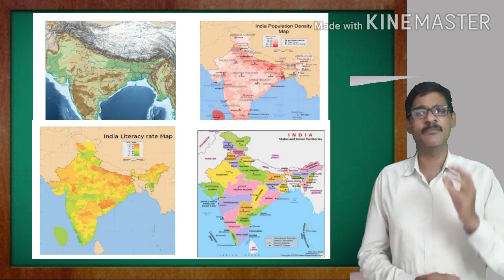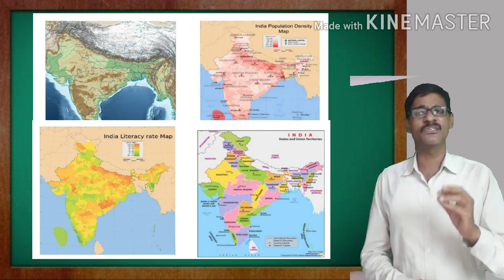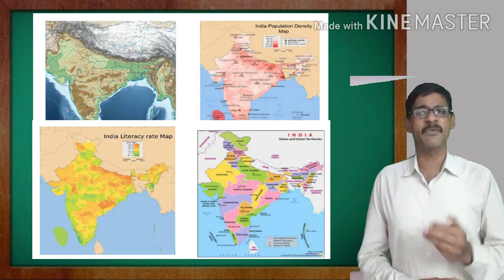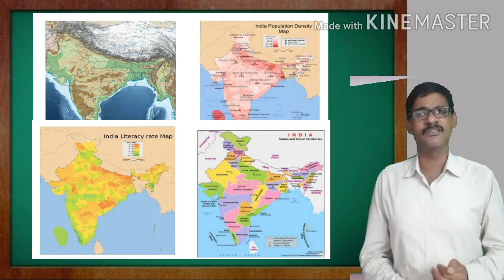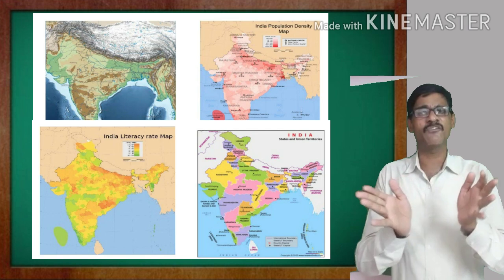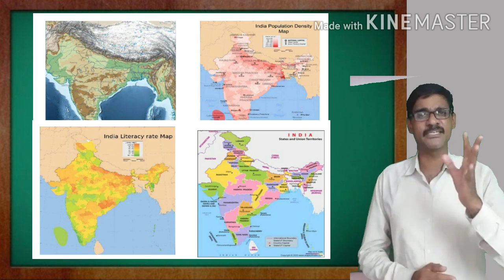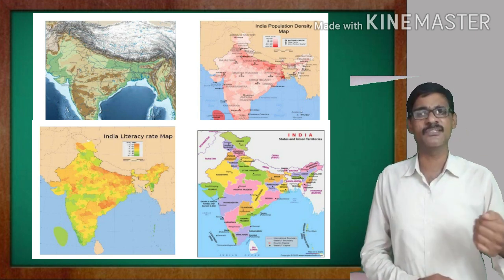For example, some maps give only rainfall. Some show information about forest only. There are some maps giving only the soil of that land. So these special types of maps, which show a single aspect, are called thematic maps.